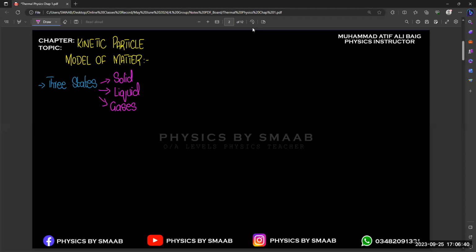And further, the second thing included in your section is the change of states. Once you study each individual property of solids, liquids and gases, then there is the concept of changing state from solid to liquid or from liquid to gas.